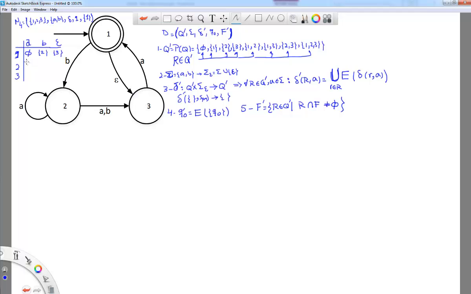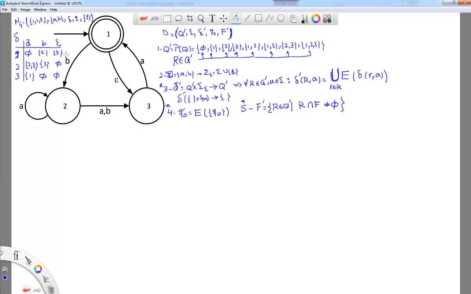Then 2 over A goes to 2 and 3, over B goes to set 3, and over epsilon goes nowhere. And 3 with A goes to 1, with B doesn't go anywhere, and with epsilon doesn't go anywhere. So that is the original delta.